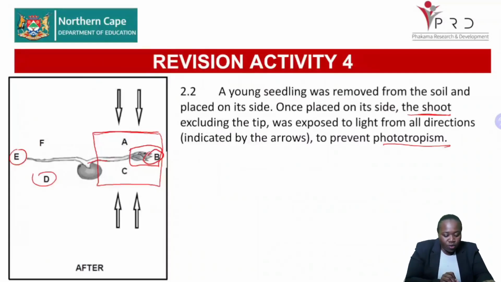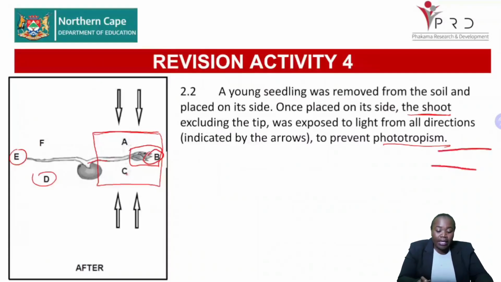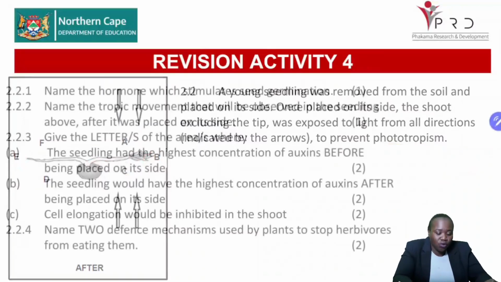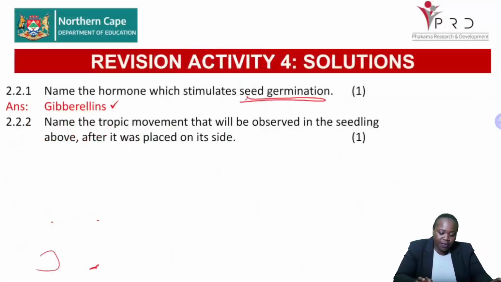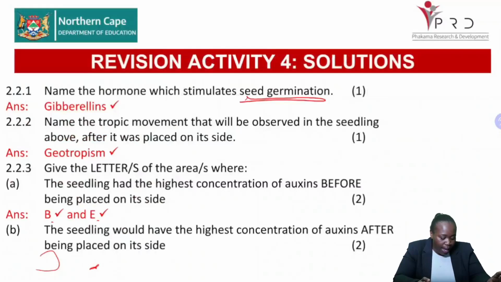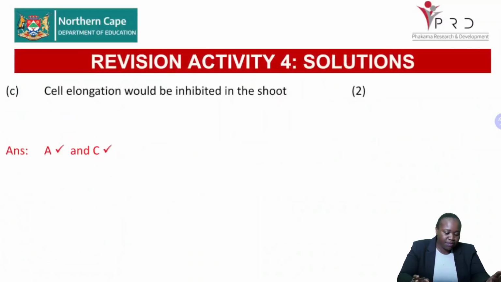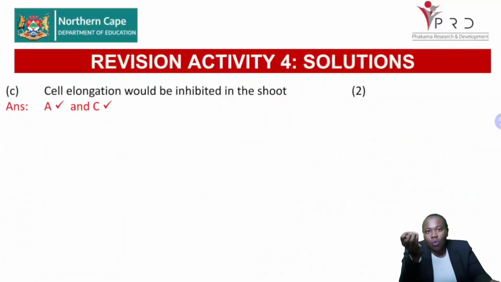We would expect to not see cell elongation at part A and C. Why do we say that we will not expect to see cell elongation at those parts? This is because there is no movement of auxins. There's no equal distribution of auxins going there. Therefore, the auxins will have remained at part B. Therefore, no cell elongation would take place there.